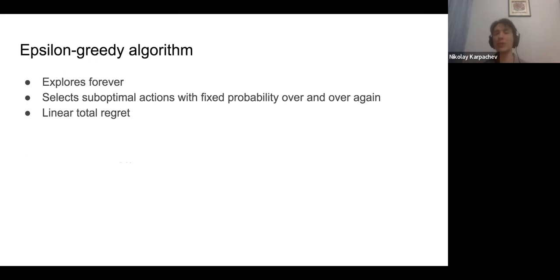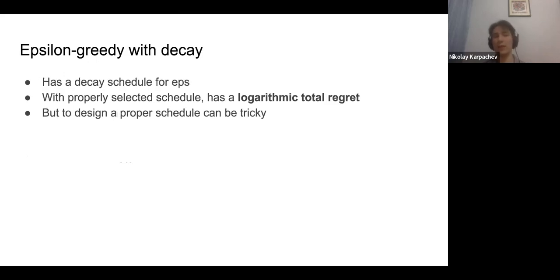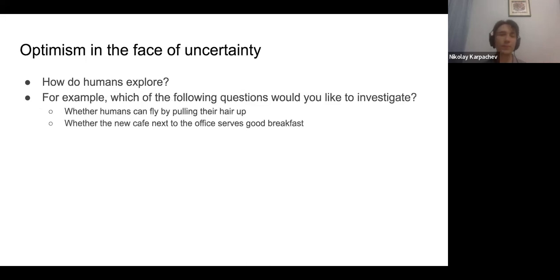So it also has linear total regret, but the coefficient will be usually smaller. So it's slightly better. Then we saw that epsilon greedy with decay has logarithmic total regret if it is tuned properly, which is not very simple.